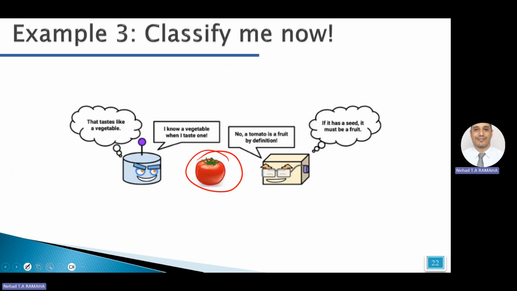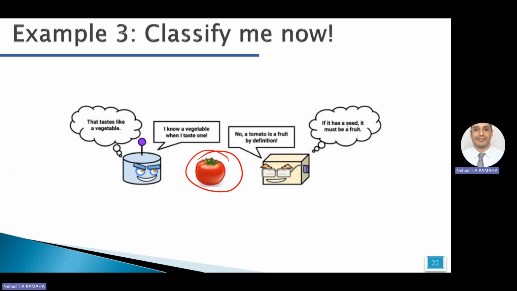Okay, so this is a question, yes? Tomato, is it a vegetable or a fruit? Doesn't matter for me. The most important thing for me depends on the features. It will be classified under which one, okay?